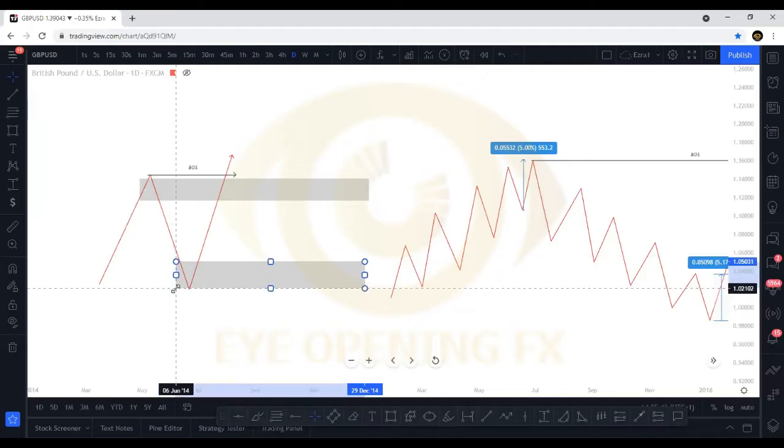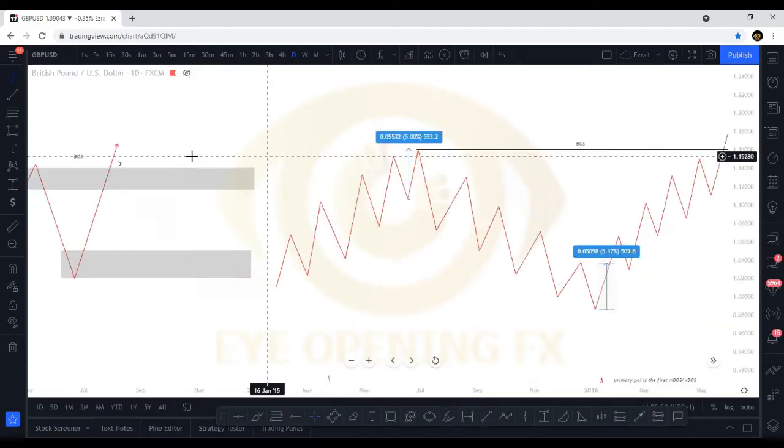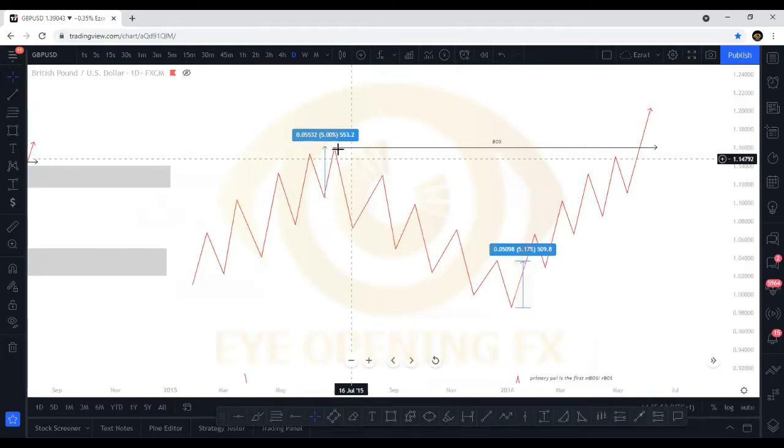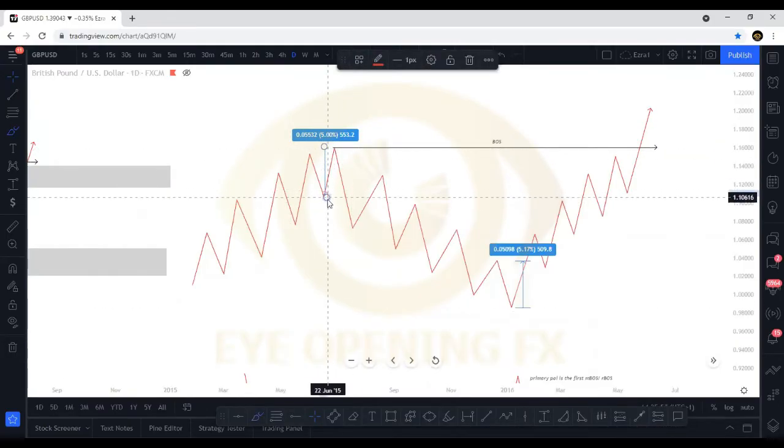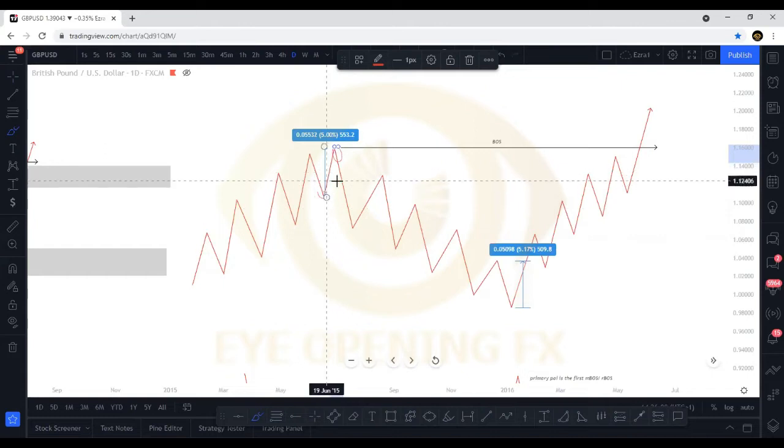The first area where the market shows a sign that it will buy is your primary point of interest. So this area from this low to this high on H4 is your secondary point of interest.